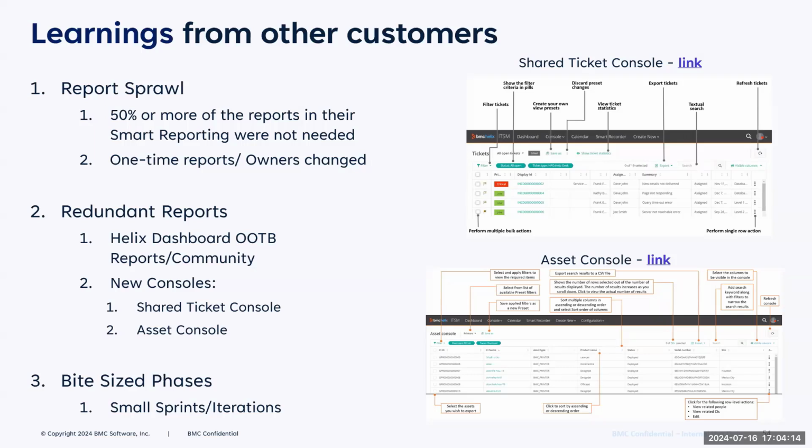Now, the same objective can be done through these new consoles. They allow you to create presets. They allow you to export the report. So if you have some of these types of reports, I would recommend you go and take a look at these consoles. They might work just as well for you. So rather than creating something in the reporting world, you can simply use these consoles.